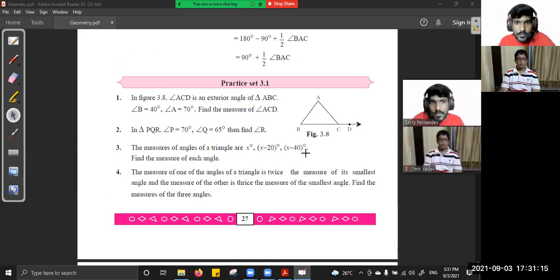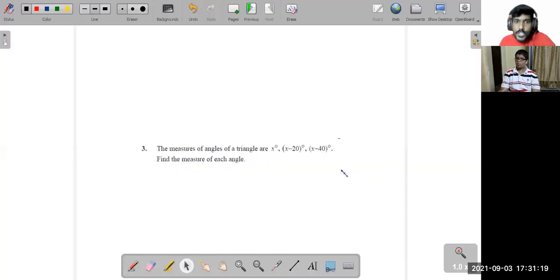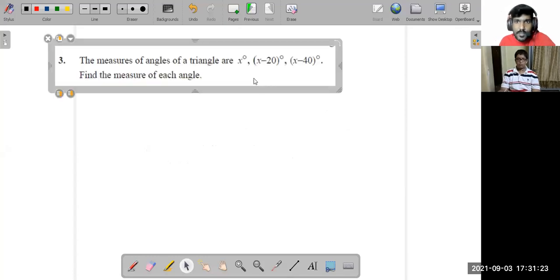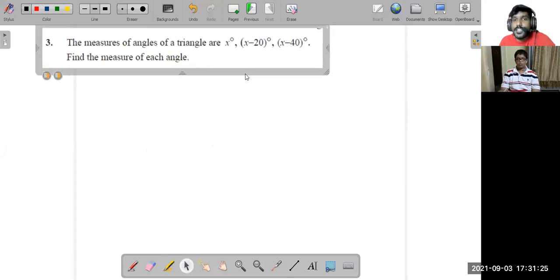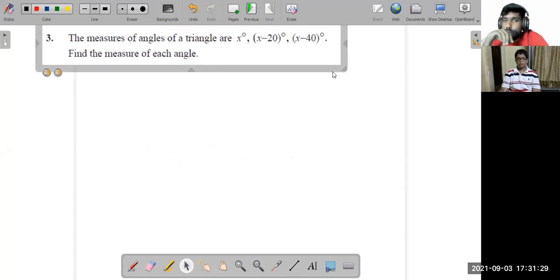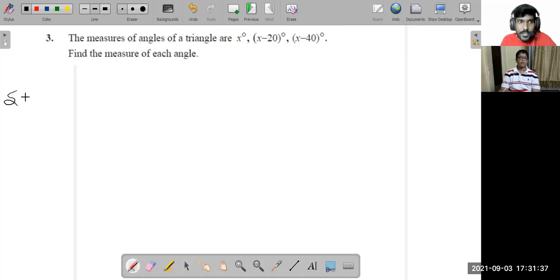Third one. Measure of angles of a triangle are x degree, x minus 20 degree, x minus 40 degree. Find the measure of each angle. How to do this one? Can you tell me? Think about it. I'll draw the diagram for you. Let's see if you manage to do it with the diagram.